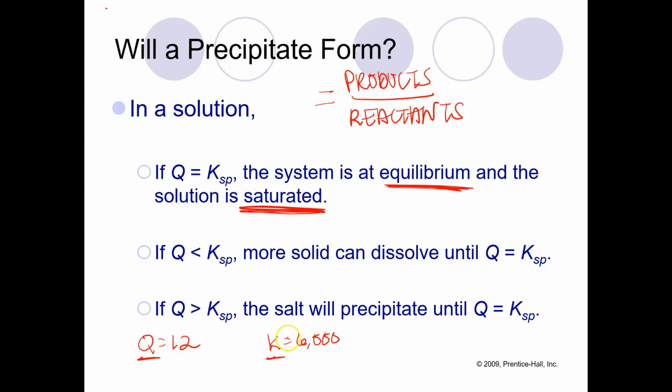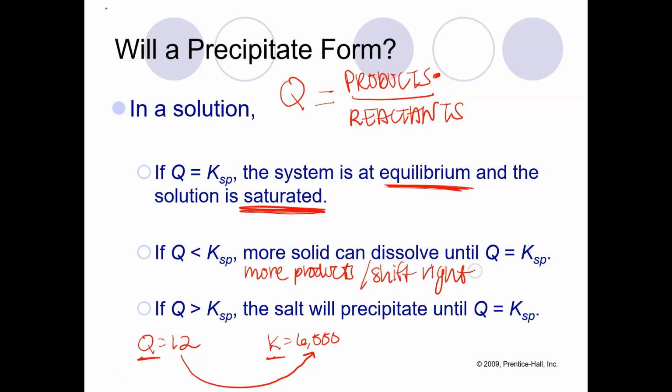Q is too small, it needs to get bigger. So if we look at this ratio, if I want to make Q bigger, Q needs to go from 12 to 6,000. Then based on this ratio, I need more products and less reactants. So we said back in chapter 15 that we would make more products, which was also shift to the right.